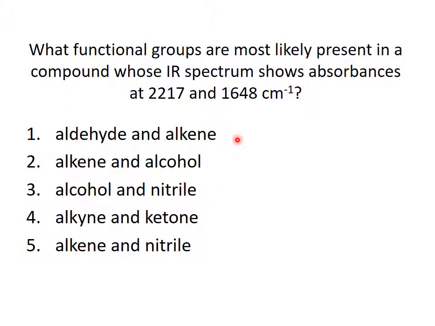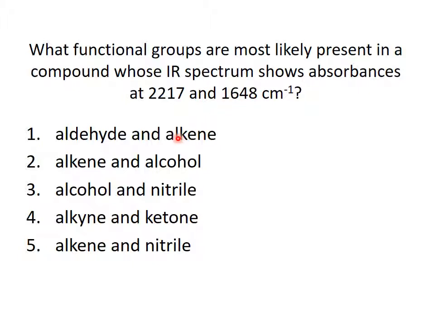Which functional groups would we expect to make absorbances in the IR spectrum at approximately 2200 and approximately 1650? Well, if we look at this, this is below the carbonyl. A carbonyl will not go this low. So this is a carbon-carbon double bond.